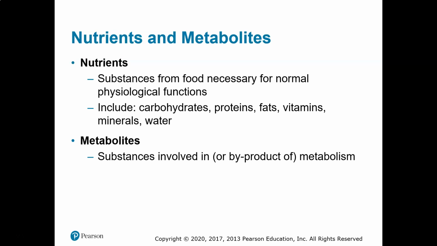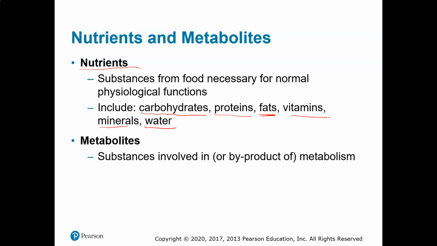A nutrient is defined as a substance from food necessary for normal physical functions. And nutrients include carbohydrates. You may have heard these referred to as your macros. Carbohydrates, proteins, and fats. But nutrients can also include vitamins, minerals, and water, which are needed in smaller amounts than your macros, than your carbs and your proteins and your fats.